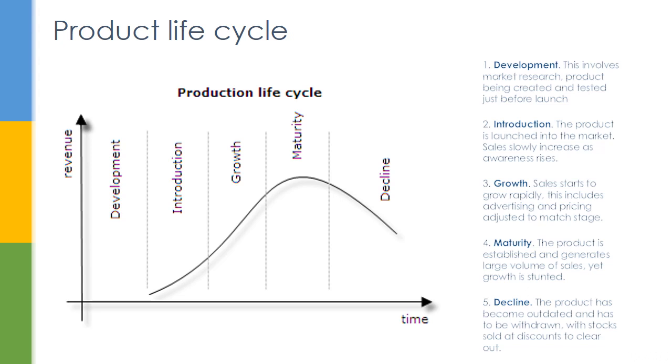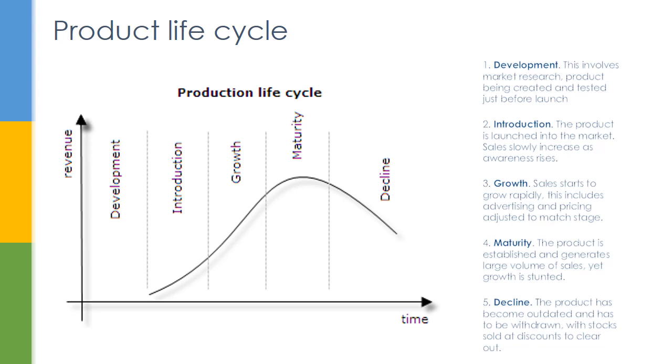Like how we humans, we're born and we age, and then all of us have to one day go to the next life. So similarly, a product has a development stage where initially market research is conducted before it's created and launched. So everything that is done before launch is considered as development.